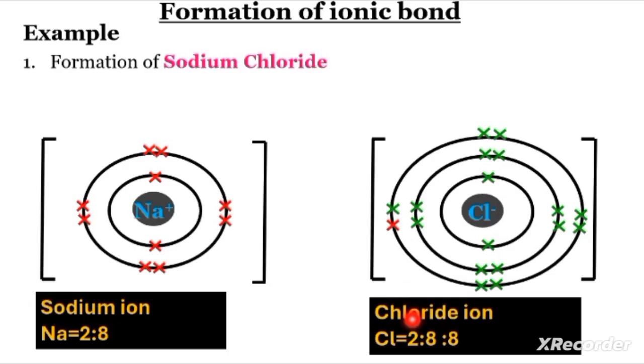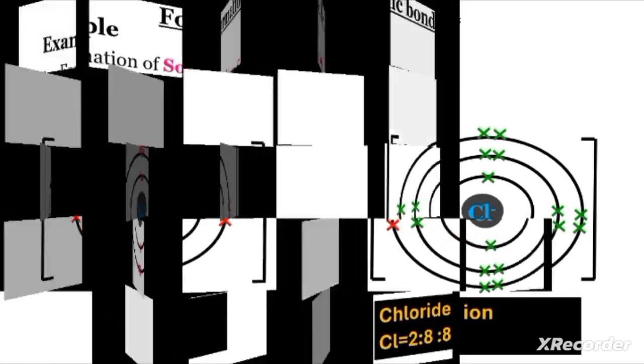Initially chlorine had 2,8,7. So we can see that chloride ion has 2,8,8. Here we have 8 electrons in the outermost shell, and even here we have 8 electrons in the outermost shell.